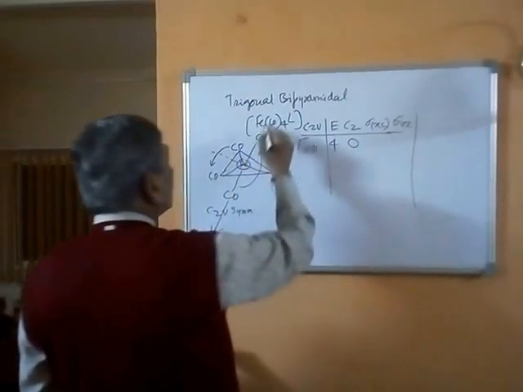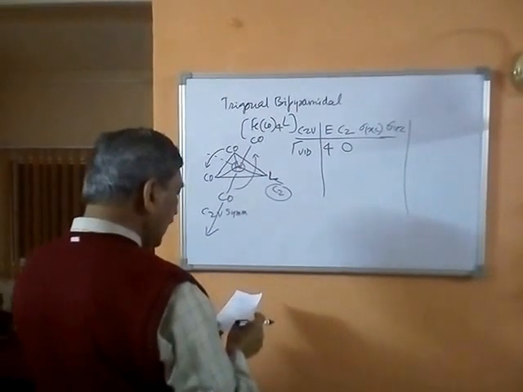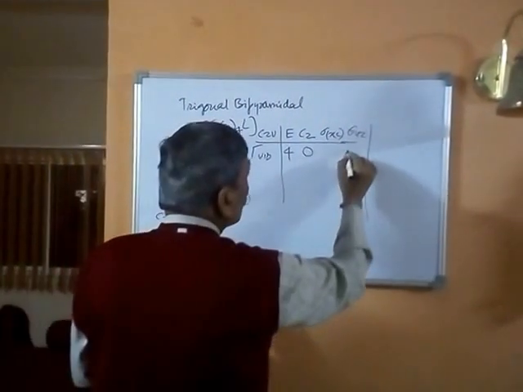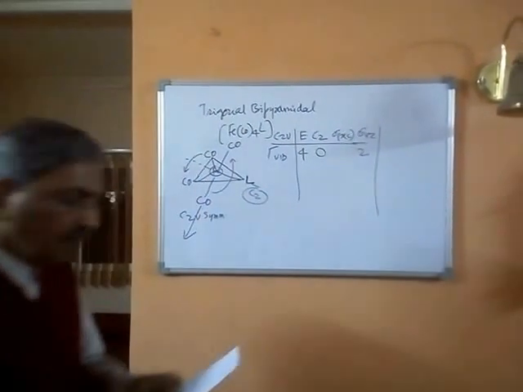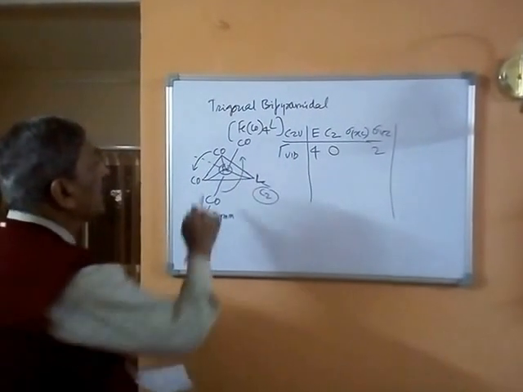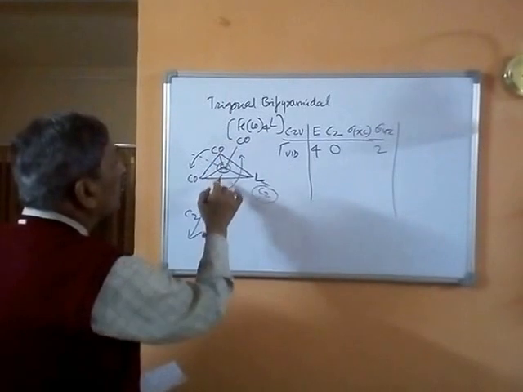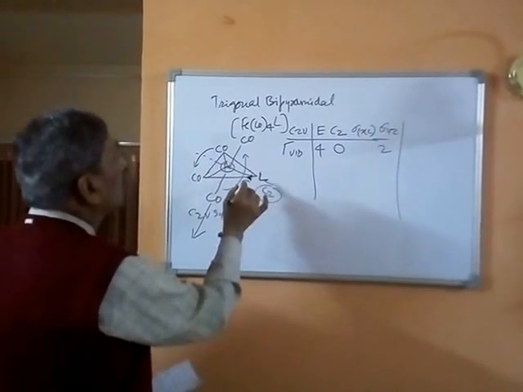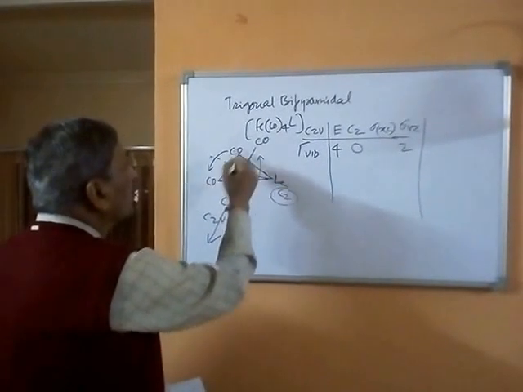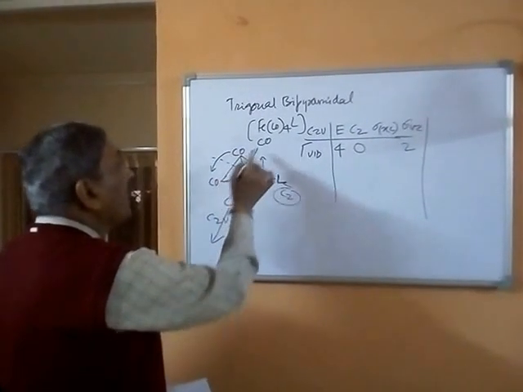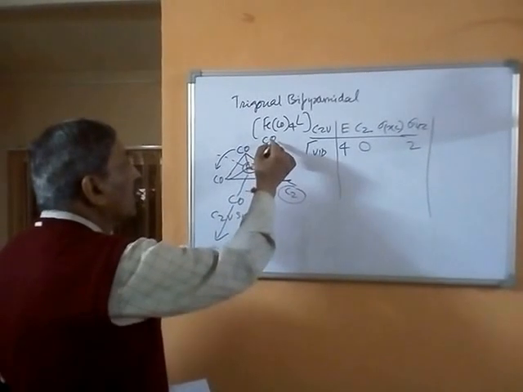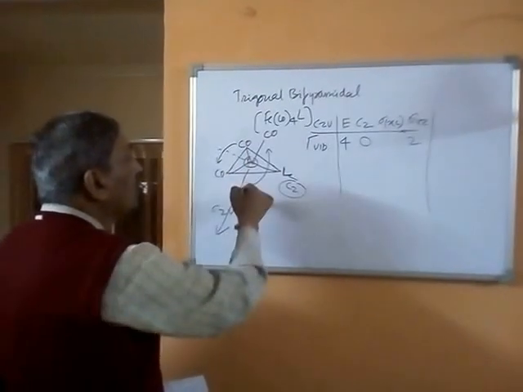So if supposing this is the YZ plane, then in that case you will have a character of 2, whereas in the XZ plane, which will basically be the molecular plane, the reflection will be such that in the molecular plane the COs will remain where they are, while there will be exchange or reflection of the axial COs from one point to another point.